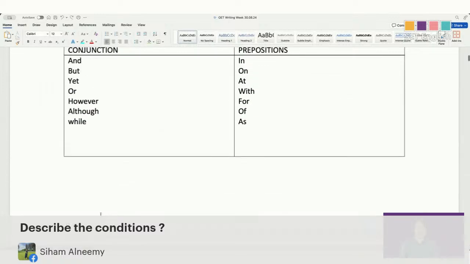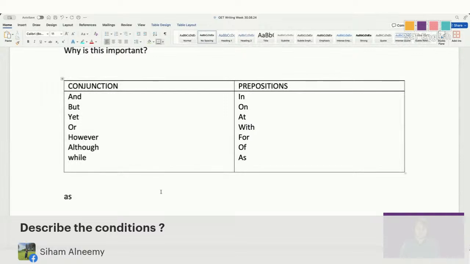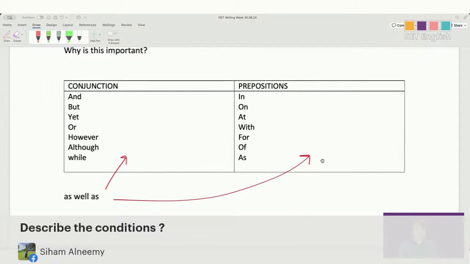If I say this, guys, look at this. As well as. Is as well as a conjunction? Or is it a preposition? It's a phrase, right? But is it a conjunction or a preposition?